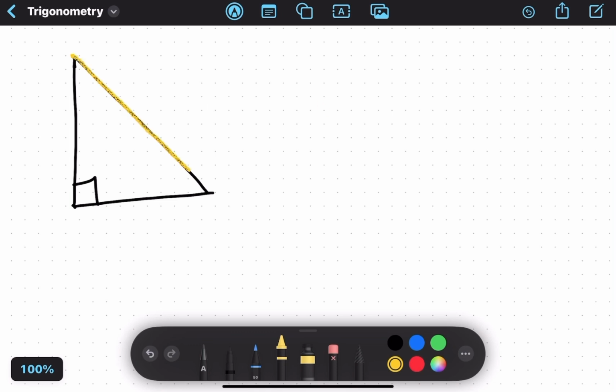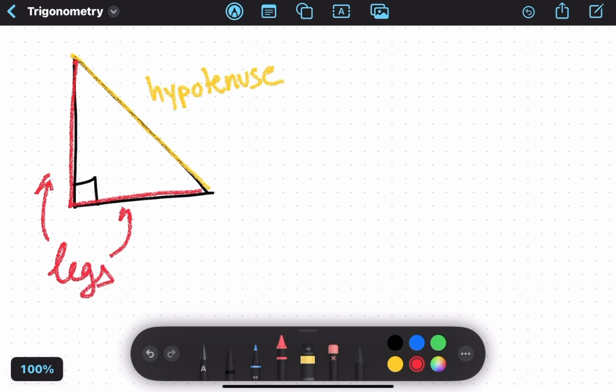This is called the hypotenuse. It's always across from the right angle and it's always the longest side. Next, these two sides here are called our legs. These are the legs of the triangle. Obviously right here is our right angle.